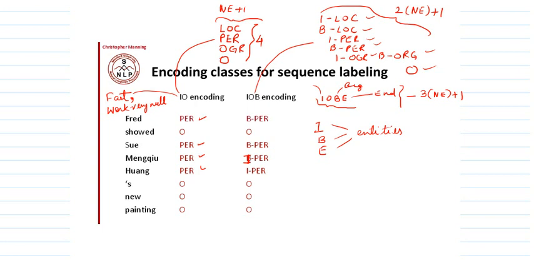So suppose in some example two entities are appearing just next to each other. So this Fred is a person, and in some example, say this also is appearing next to the first entity.